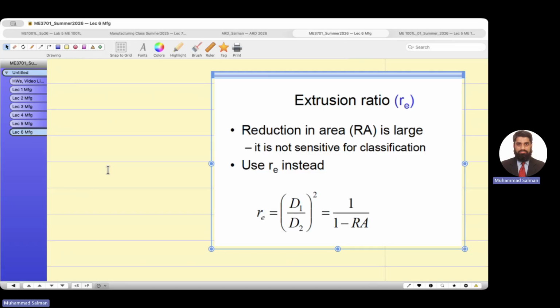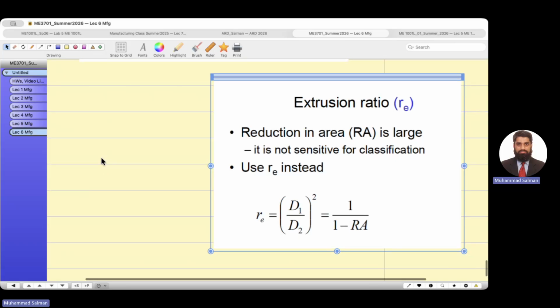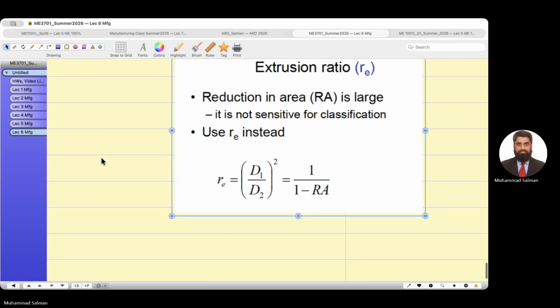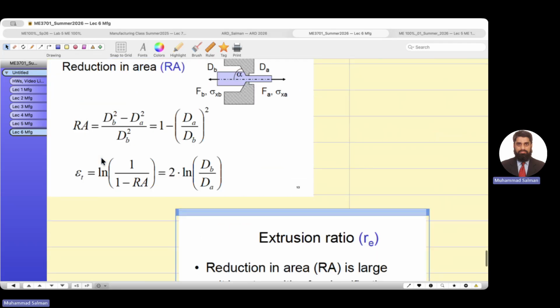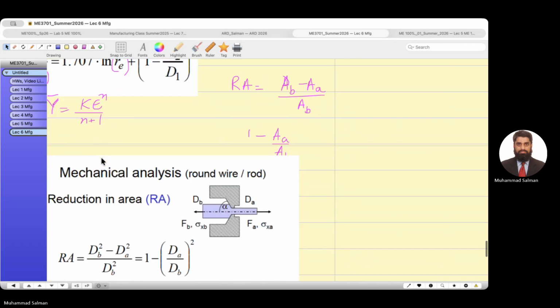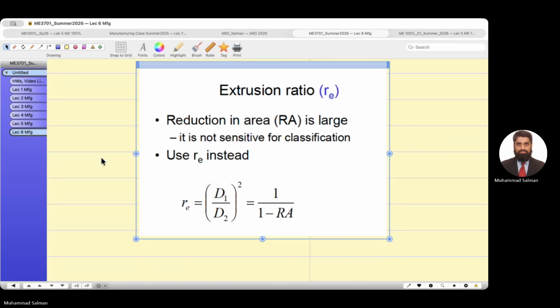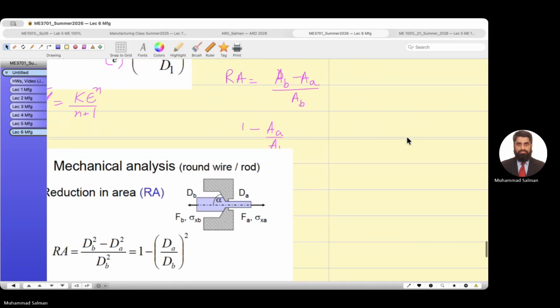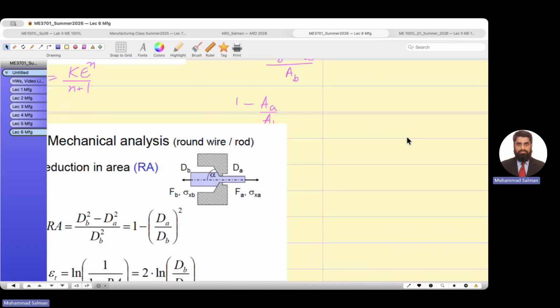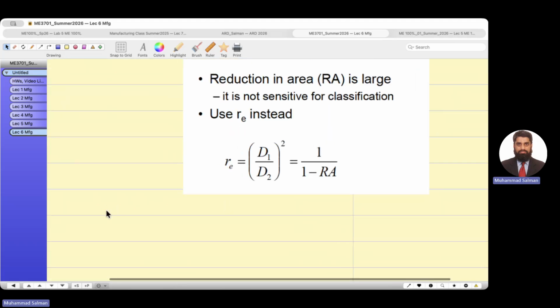Extrusion ratio R sub E can be written like this: 1 over 1 minus RA. So it's not difficult. If you see our RA, reduction in area, is this much, I can prove it to you. How do we get this answer?